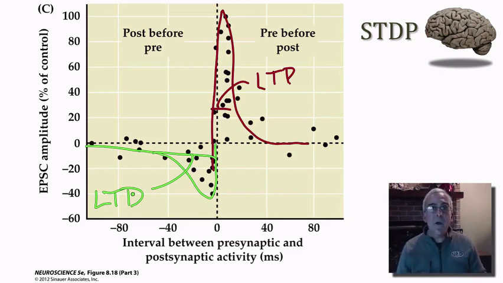So this may be one mechanism by which the brain imposes a temporal filter on its own activity patterns as a way of selecting those that are leading to an increase in the coordination of firing across synaptic connections.